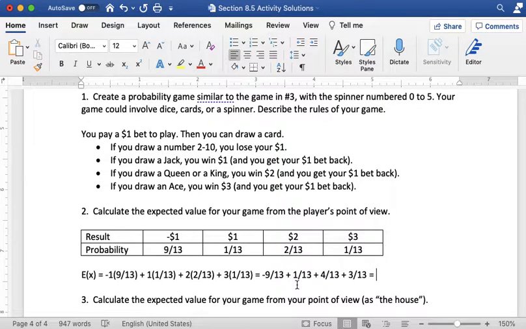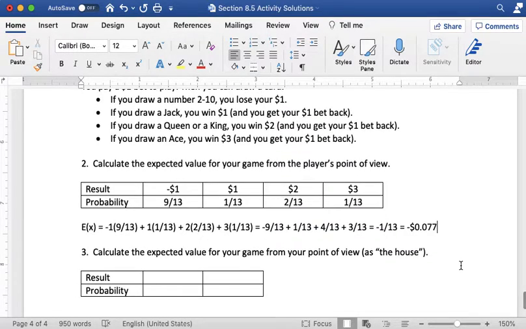If I add up the positive ones here, 1 plus 4 plus 3, that's 8/13. So -9 plus 8 is -1/13. And then as a decimal, since I'm thinking about money, that's going to be a negative 0.077 or -7.7 cents.